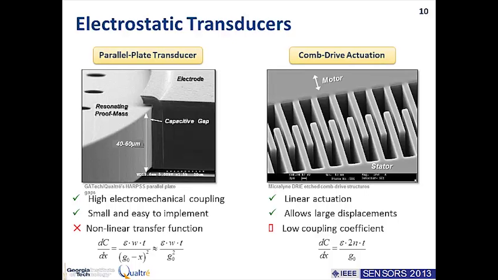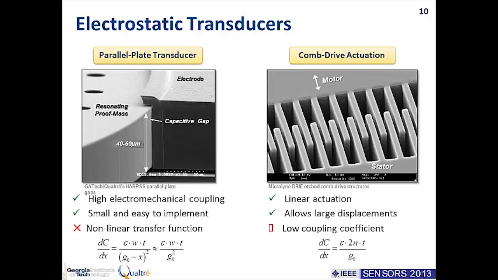And since it's a square value, that means that we have very good electromechanical coupling. On the other hand, we can also implement comb drive actuation or sensing type of structures. Now the difference here is that the motion of the mechanical device is not perpendicular to the faces of our gaps, but actually it's in parallel.